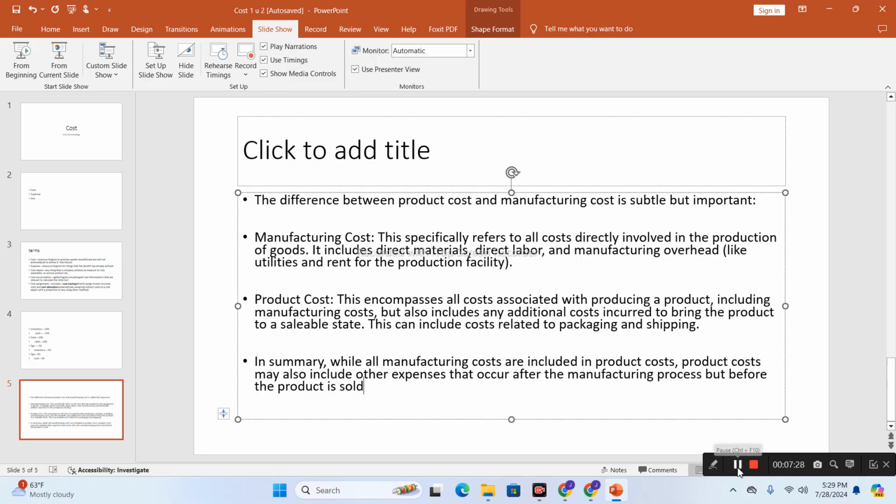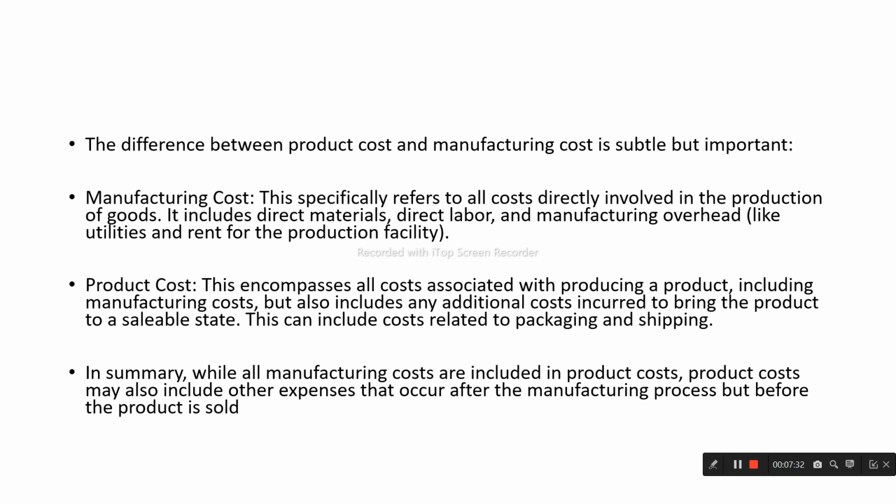The difference between product cost and manufacturing cost is subtle but important. Manufacturing cost specifically refers to all costs directly involved in the production of goods. It includes direct materials, direct labor, and manufacturing overhead, like utilities and rent for the production facility.